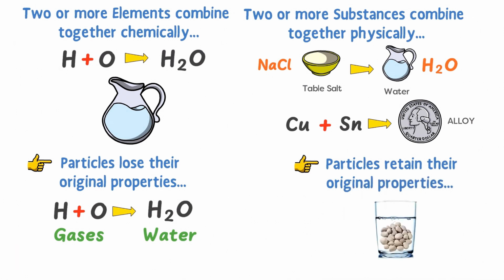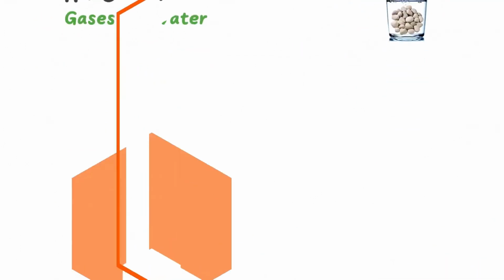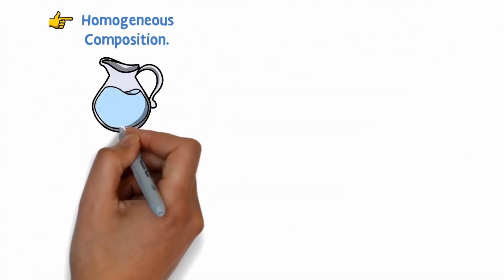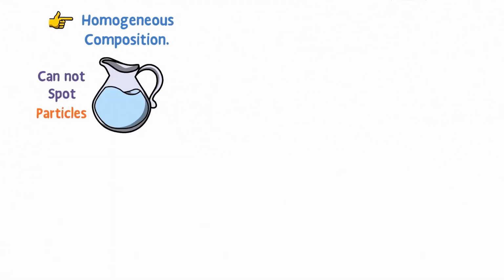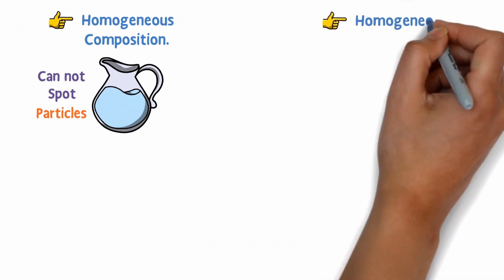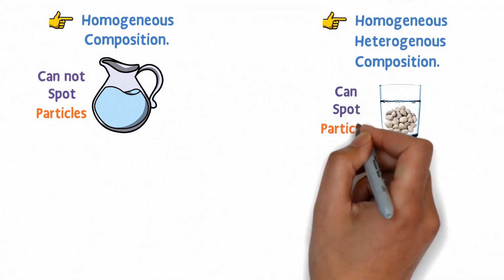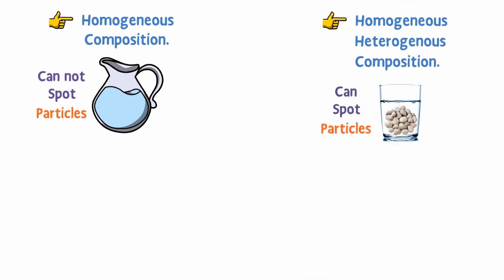If you have maybe water and pebbles, each has its own property. Again, the compound forms a homogeneous composition. You cannot spot particles when something is mixed completely, and the mixture usually is a heterogeneous composition. You can still spot the particles in the mixture.